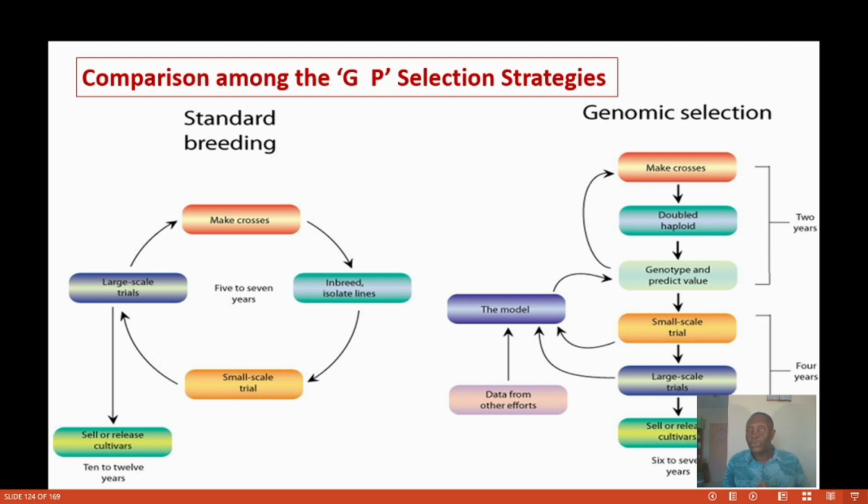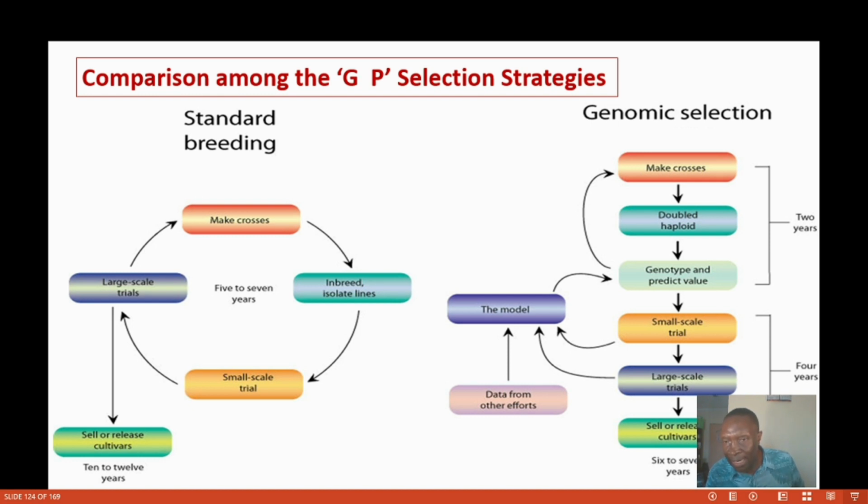And of course, when we have done an inbred cross, we can take those crosses while they are still in a haploid state and double the chromosomes. They are called doubled haploids. Then we have the genotype and predict the value.